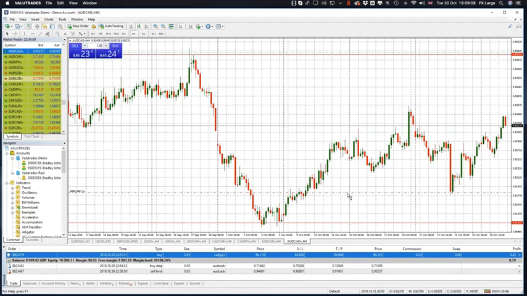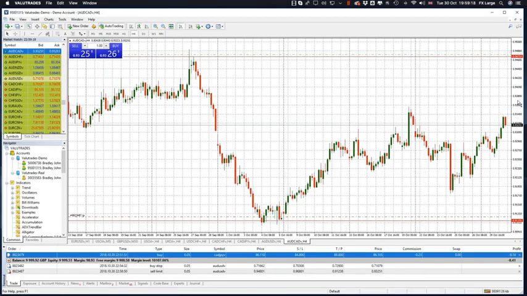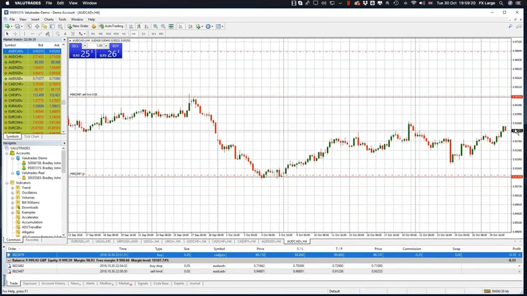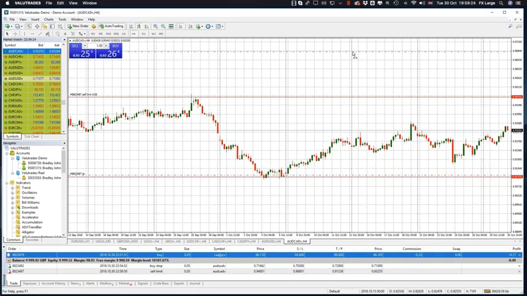Let me adjust my take profit. And again, we can see we may make 106 pounds on this account, on this trade. And I can't see my stop loss, so I'm going to drag the scale back and I'll move my stop loss a bit lower.